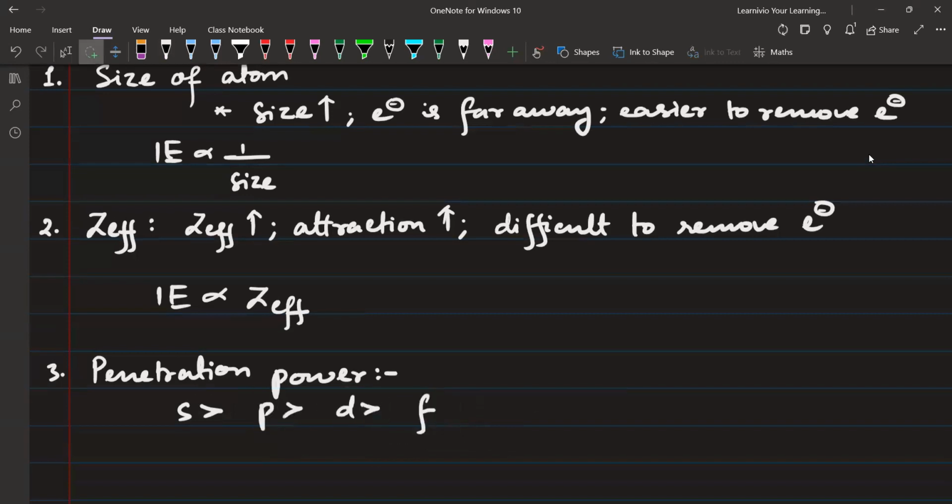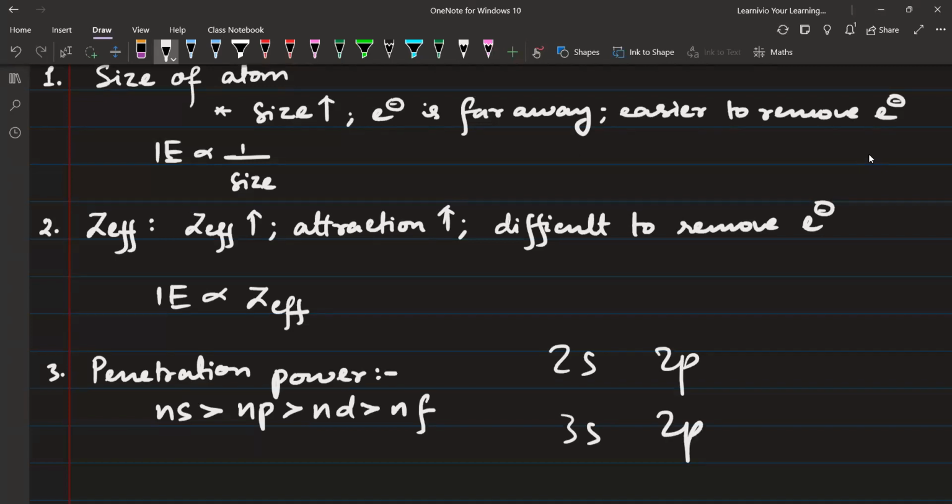That's why I'm writing ns, np, nd: n should be the same. You have to compare 2s with 2p. You cannot compare 3s with 2p.